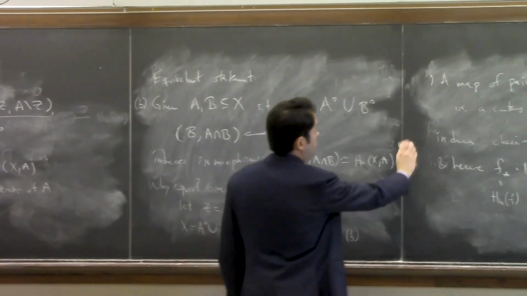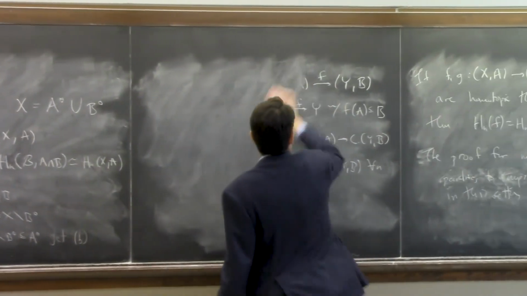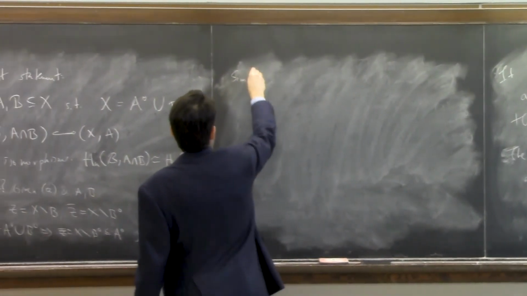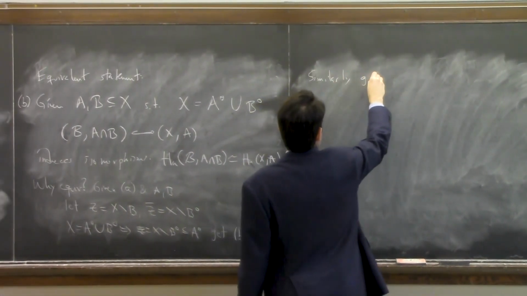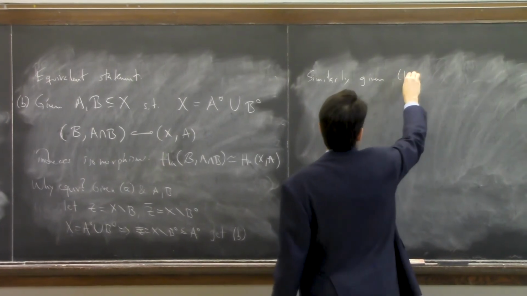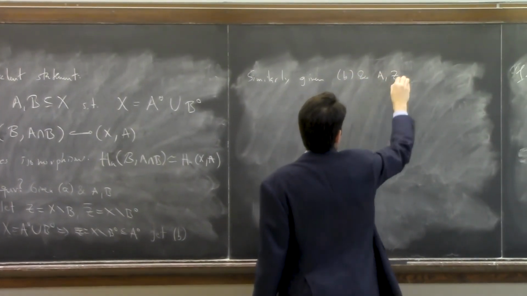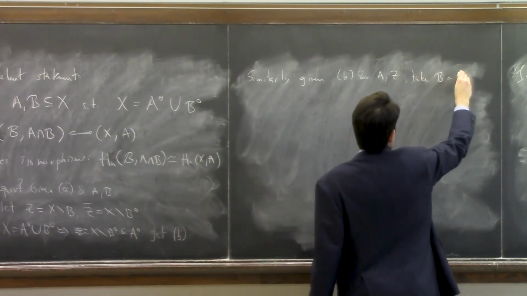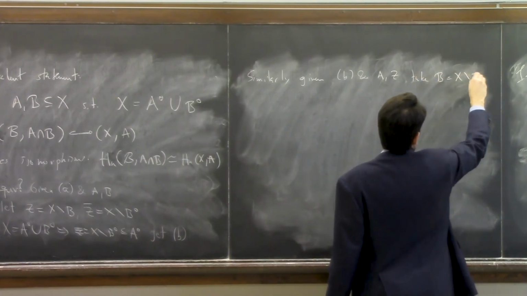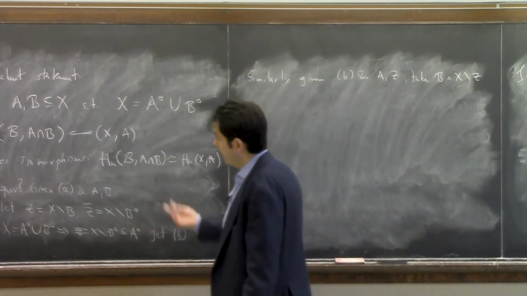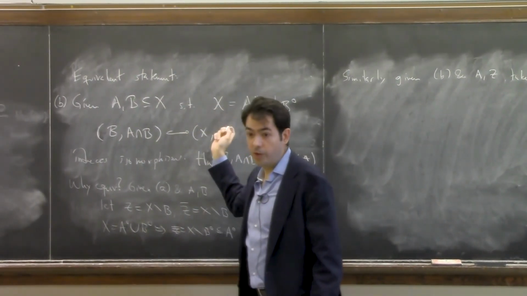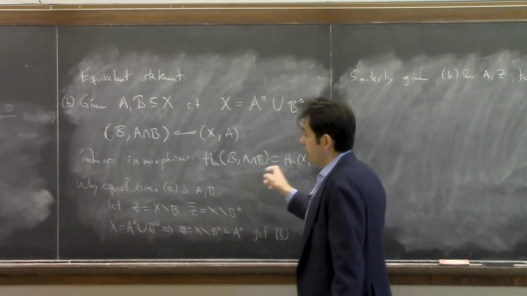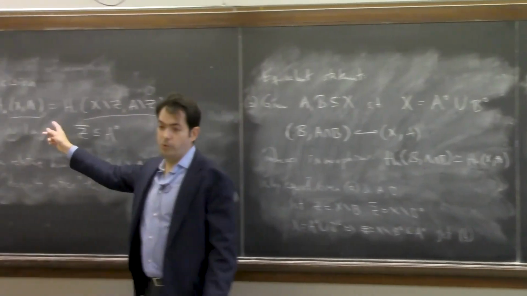So we get statement B, and similarly, given statement B and A and Z, just take B to be X minus Z. And again, you can check that the interiors cover, and that the isomorphism here gives you this isomorphism.